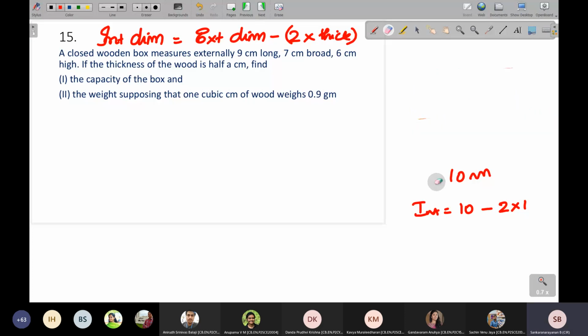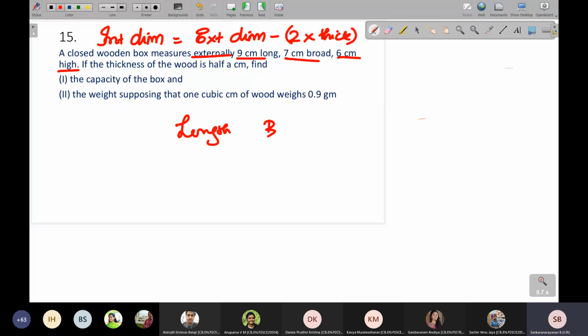Okay. So you can see that here there is a closed wooden box measuring externally 9 centimeter, 7 centimeter, 6 centimeter. I will consider here length, then breadth, and then height.